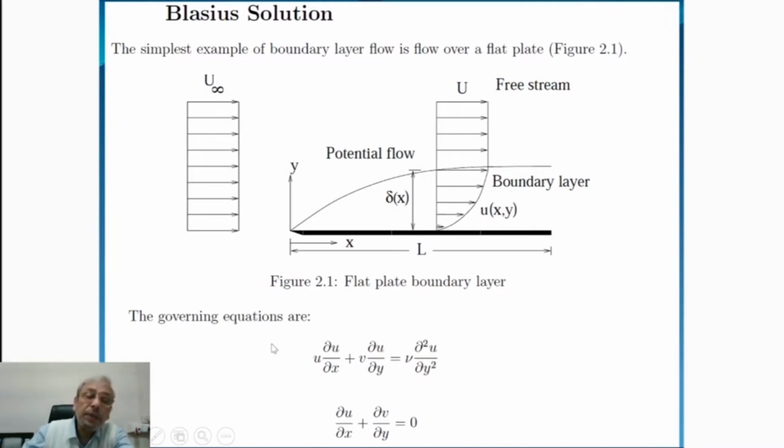And the governing equations, which we derived earlier, are the boundary layer equation, u ∂u/∂x plus v ∂u/∂y equal to ν ∂²u/∂y², and the continuity equation ∂u/∂x plus ∂v/∂y equal to 0.